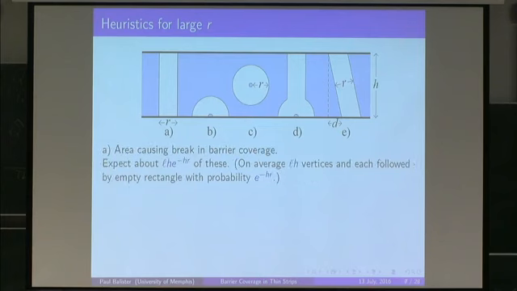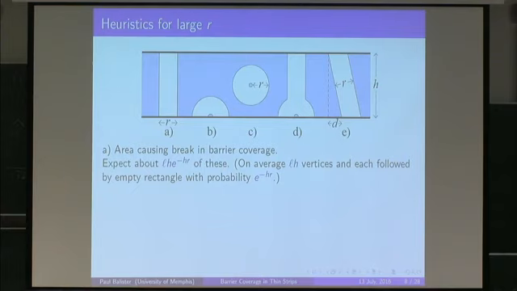On the first one, A, you could have an empty rectangle going across the strip of width R. And remember, these things were joined with their distance R, and they have sensor range R over 2, which means the intruder can sort of sneak down the middle. So this will cause a break in the barrier coverage.